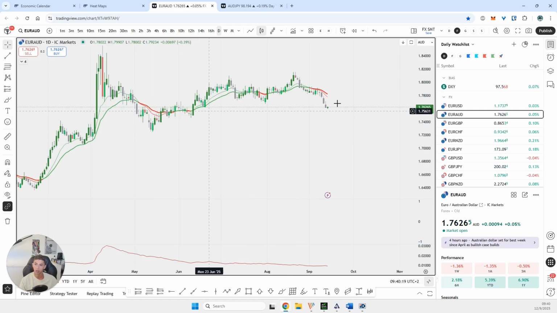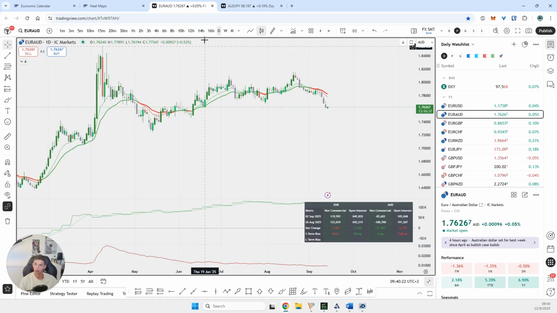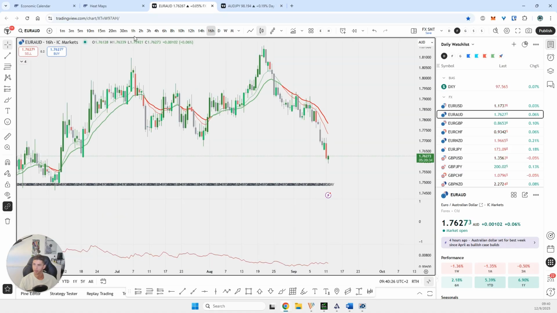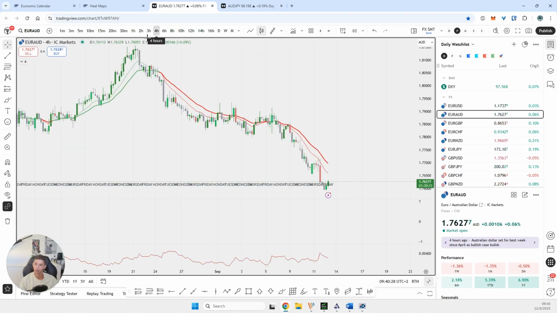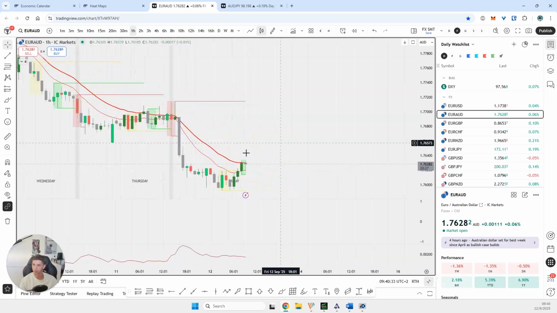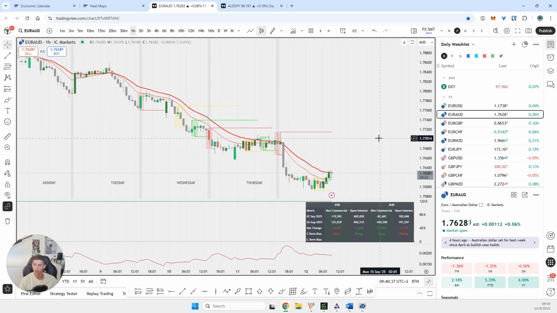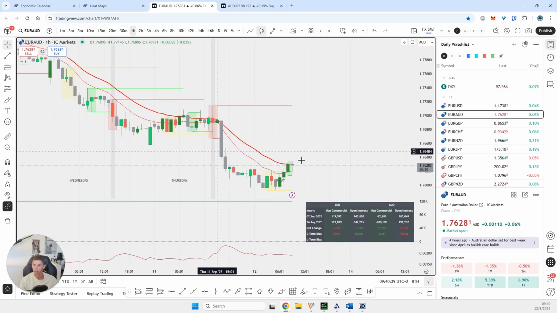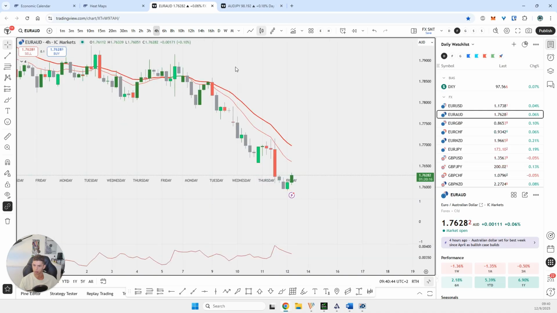So we see that Euro AUD is on the daily going down. 16 hours, very down. 4 hours, completely down. 1 hour like that. So as we're gonna day trade, we have to pay attention to the 1 hour also, right?